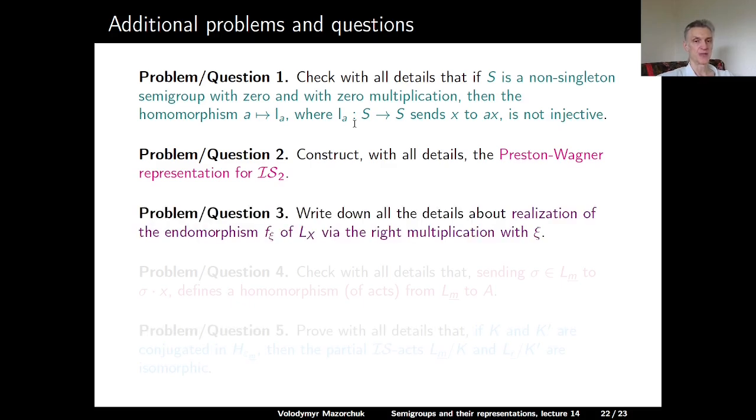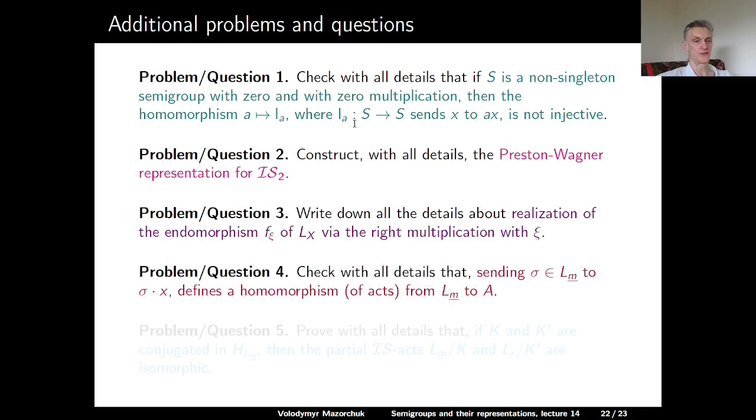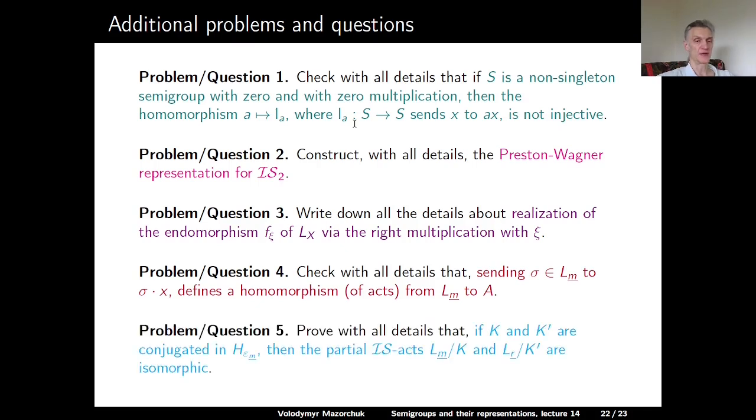Problem question 3. Write down all the details about realization of the endomorphism f sub xi of Lx via the right multiplication with xi. Problem question 4. Check with all details that sending an element sigma in Lm underlined to sigma applied to X defines a homomorphism of acts from Lm underlined to A. Problem question 5.